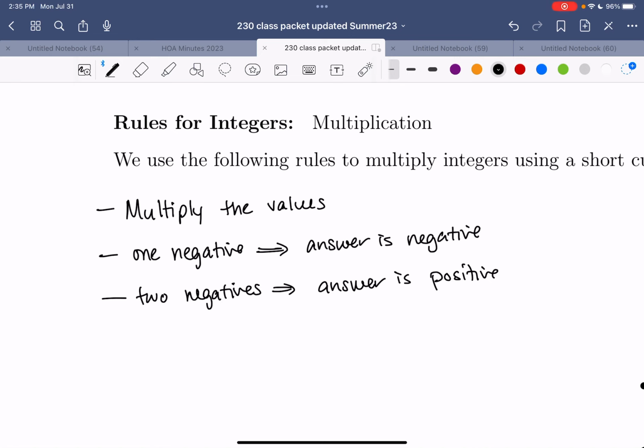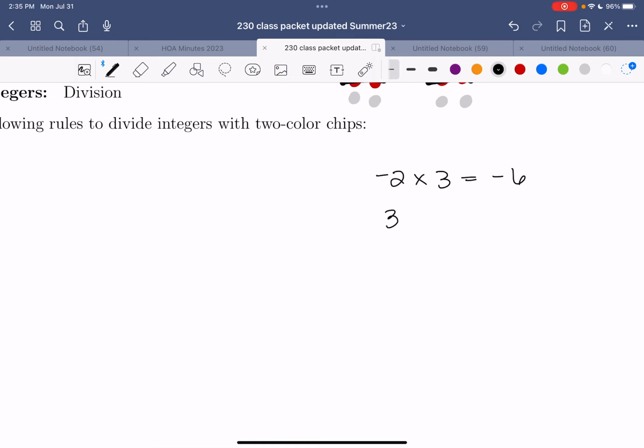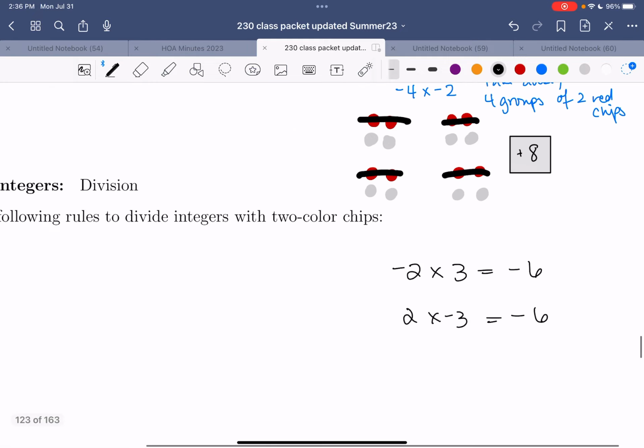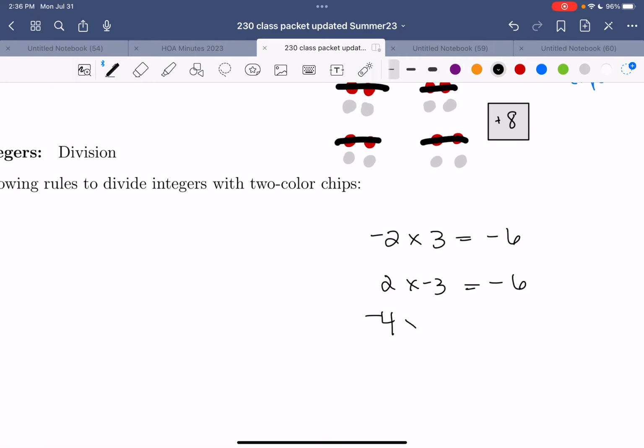With division, it's exactly the same kind of thing. And the reason for that is that, notice that when we have these 3 statements, we had -2 times +3 equals -6, +2 times -3 is -6, and we had -4 times -2 is +8.